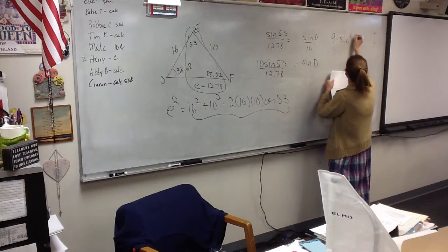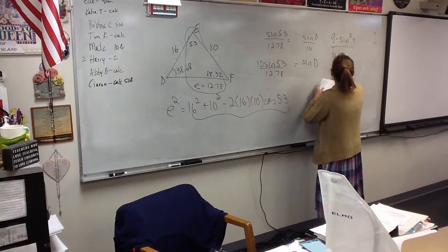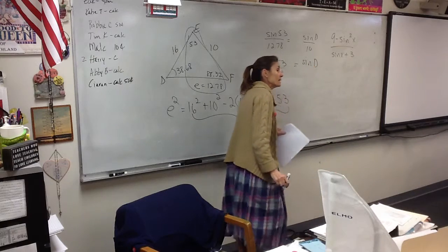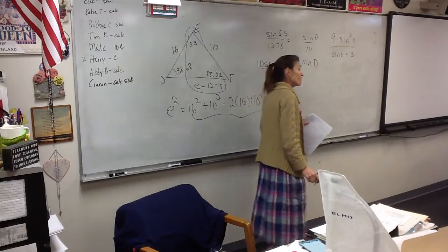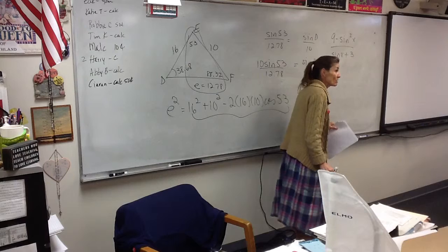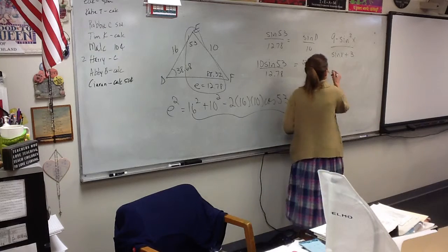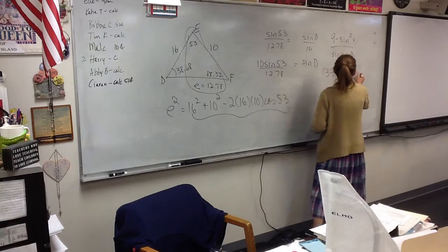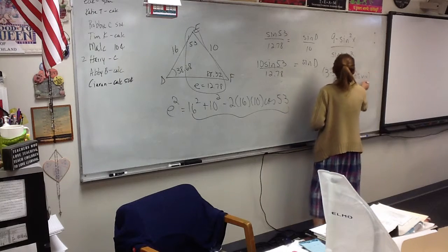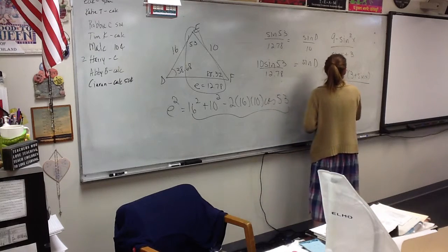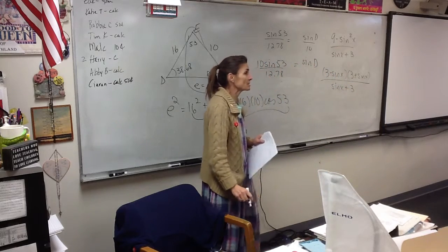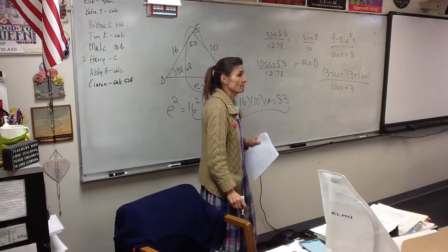Wow, this looks a little different. Anybody have an idea? Tim Kelly. The top factors. It's squares. So how does that factor, Tim? Bingo. The top factors, 3 minus sine, 3 plus sine. It's the difference of squares.